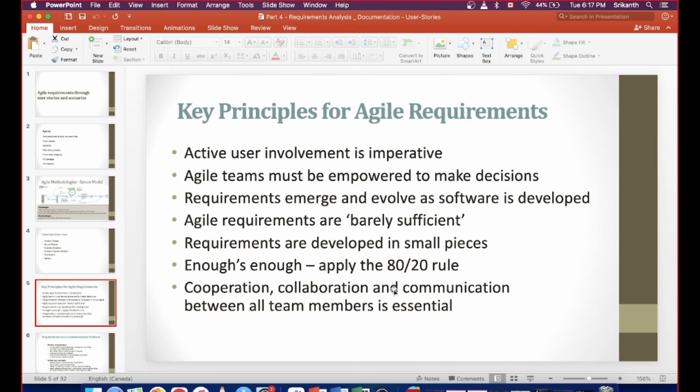So if sprint 1 is starting 2 weeks from today, the business analyst will now be working on the stories, 4 or 5 stories, whatever it is. By the time sprint 1 starts, he will be able to complete the sign off for those requirements and hand it over to the dev team.